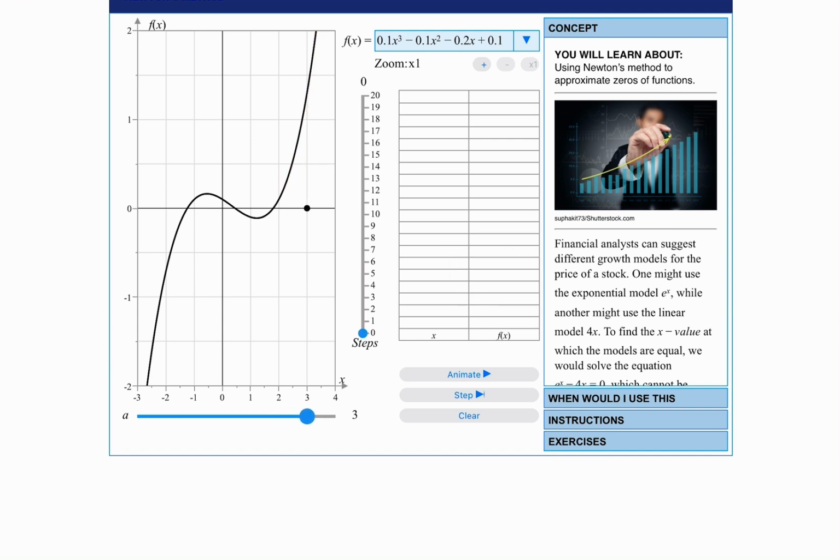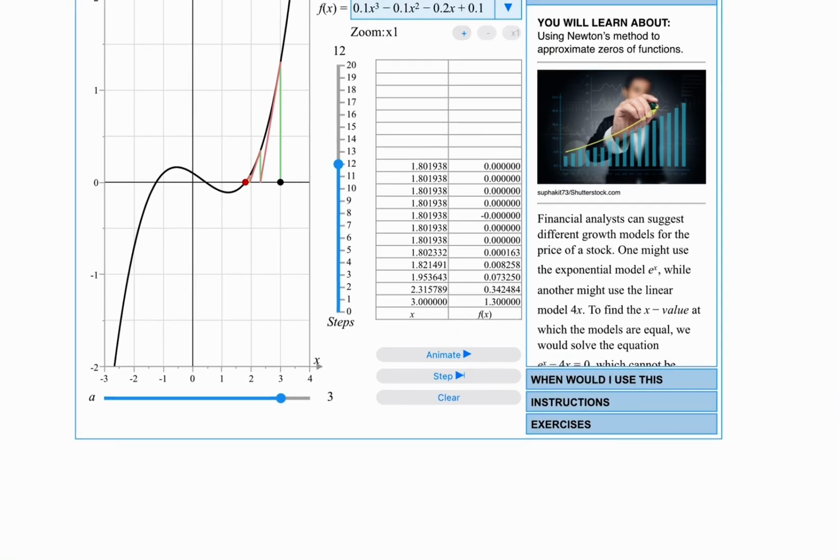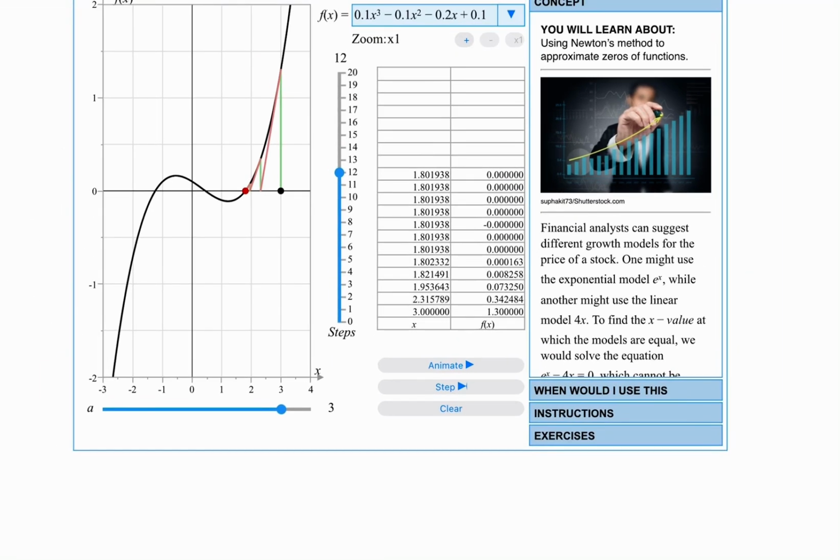Like if I'm trying to get to this root right here, then maybe I pick that point and plug in a number there, and you can see that using that derivative tangent line, I can get a little bit closer, and then I do it again and I get closer every time. And on this table you can see the y values are going to 0 and the x values are converging. So we can see the root is at 1.801938, or that's an estimate of the root to 3 decimal places.